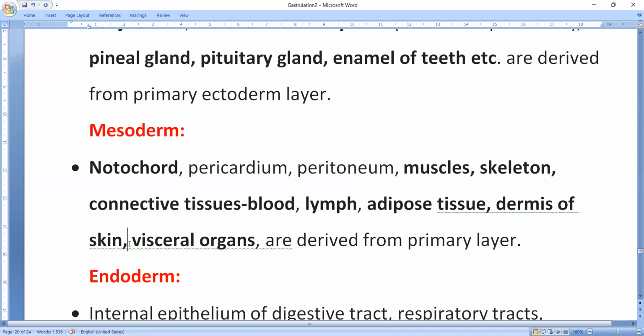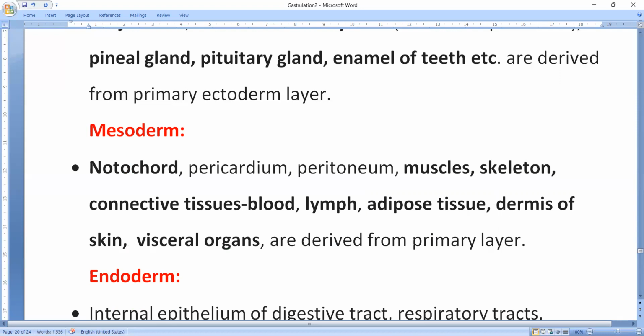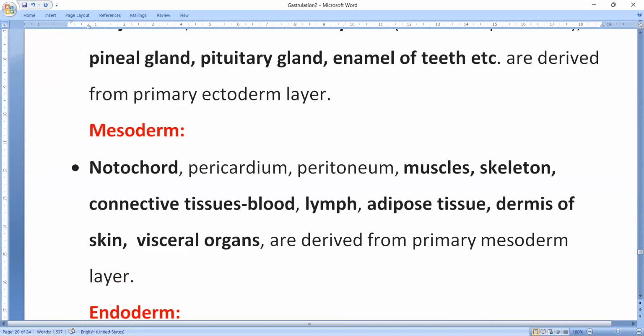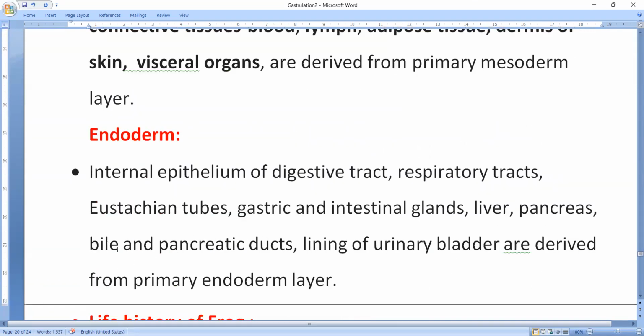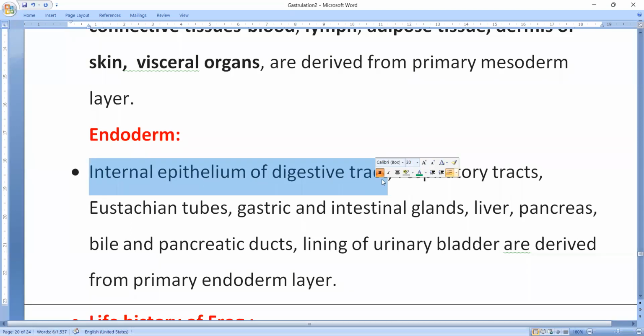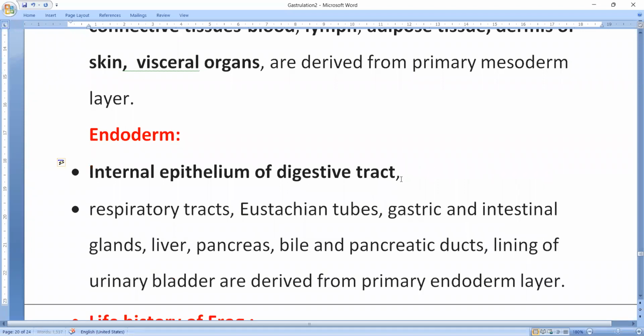And most of the visceral organs are derived from the primary mesoderm layers. Okay, so endoderm. The internal epithelium of the digestive tract is produced from the endoderm.